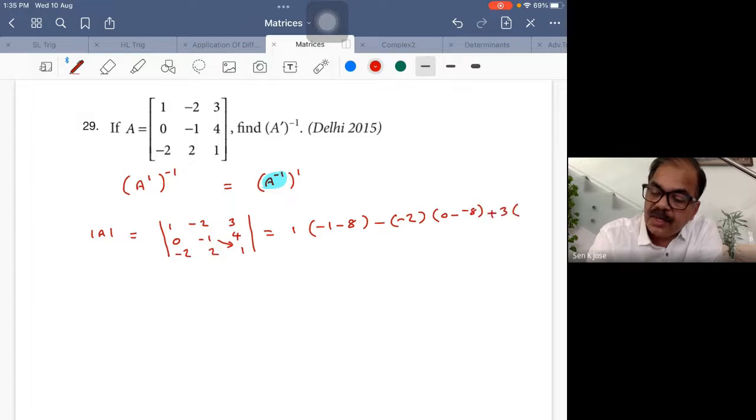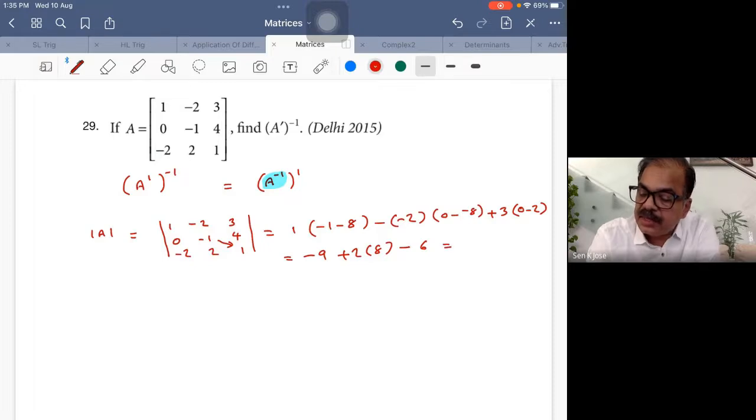Plus 3 into its minor: 3 is the element, delete the row and the column it contains, cross multiply. You'll get 0 minus 2, so that's going to be minus 9. Plus 2 into 8 minus 6, so that's 16 minus 15, which is 1. So determinant A is 1.